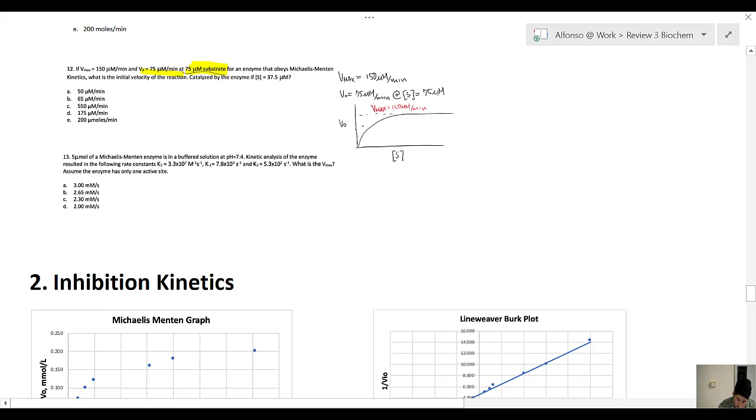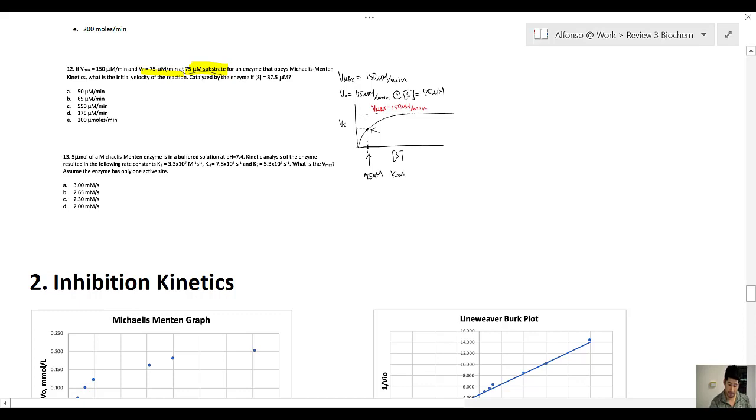So at this substrate concentration, we have essentially achieved 1/2 of the Vmax. This point right there is 1/2 of your Vmax, and it was achieved using this much substrate.